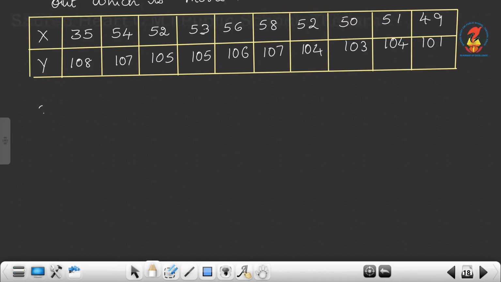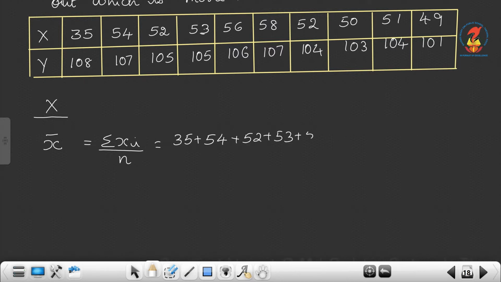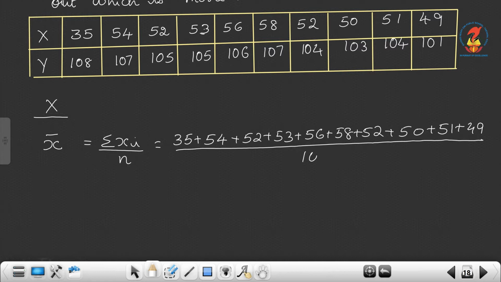So X values: 35, 54, 52, 53, 56, 58, 52, 50, 51, 49. First we have to find the mean x bar. X bar means sum of the observations by the number of observations; this is the formula for ungrouped data. There are 10 observations in total, divided by 10.